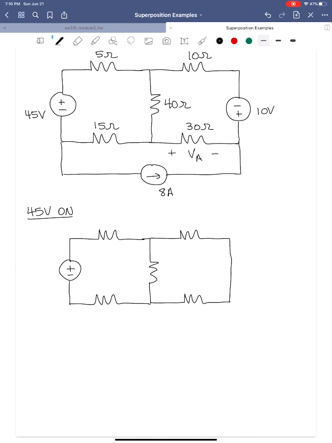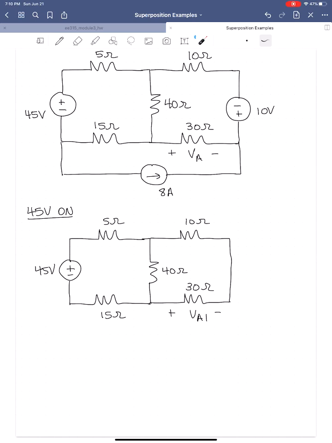We'll have an open circuit where the current source is. So this is what our circuit's going to look like. All right, and we're going to solve for VA1, the first part of the voltage VA that's a function of just the 45 volt source.